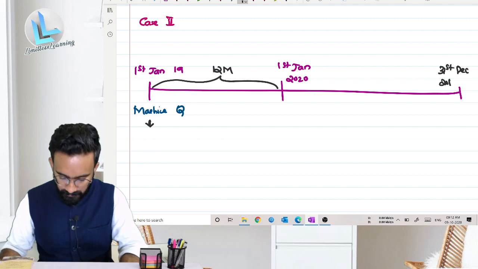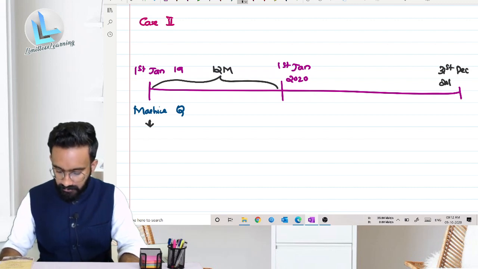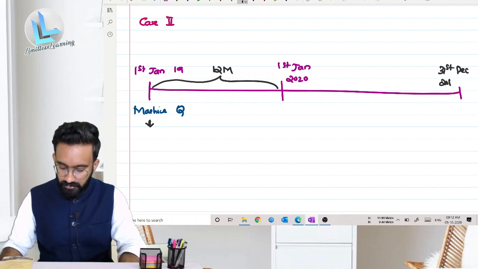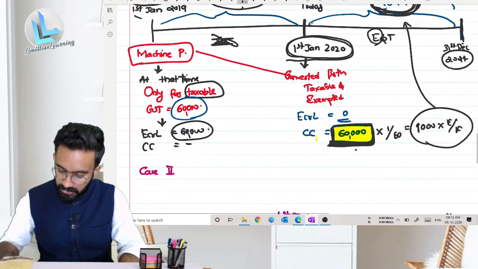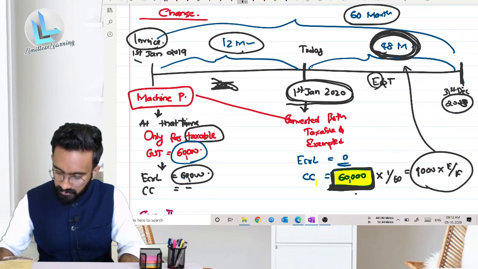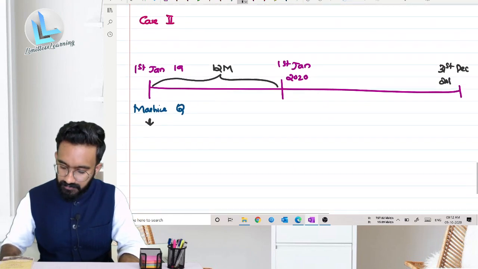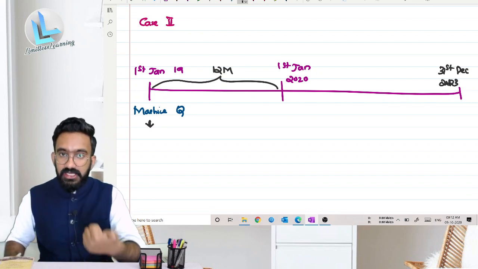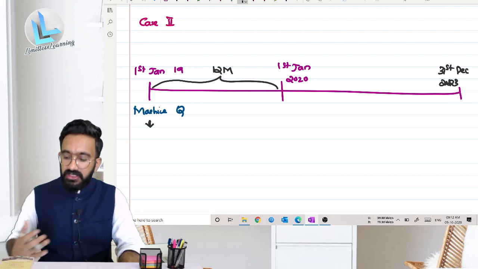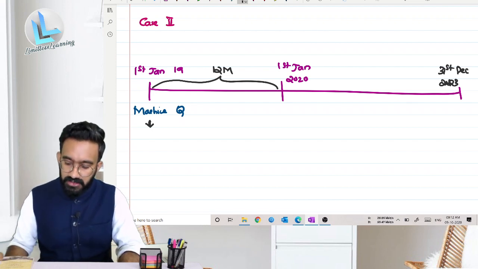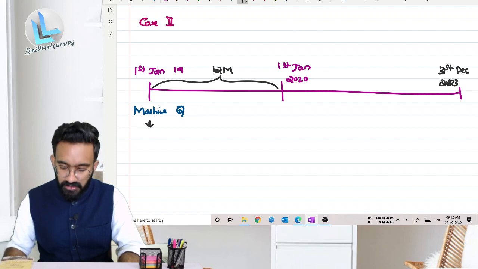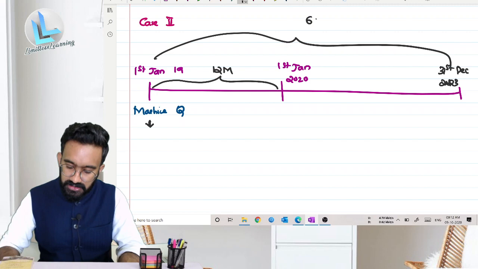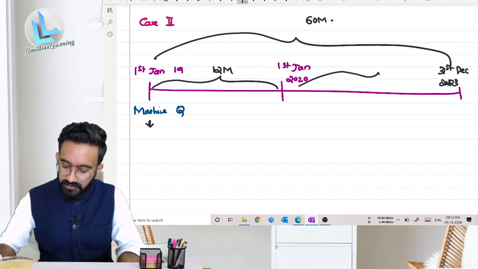Okay, so it's not 24, it's 23, 31st December 2023. 5 years: 1st January 2019 to 31st December 2023, or 1st January 2024. So that makes it 60 months. So there's a period of 48 months left.